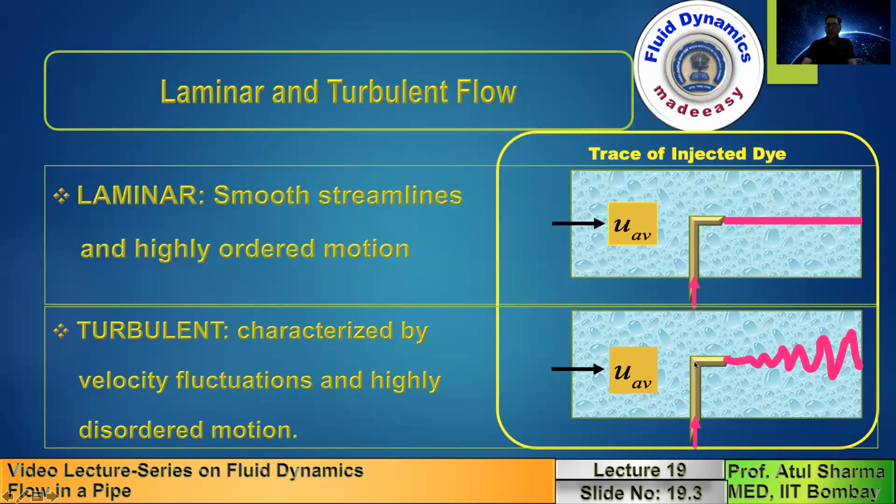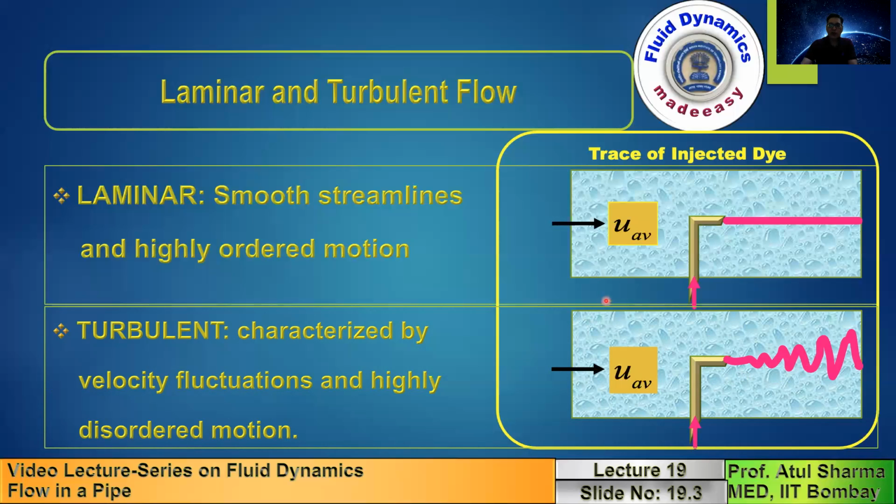And if it's a turbulent flow, then when you inject a dye, and the fluid particle is moving on a particular plane, there is a velocity fluctuation, there is a transverse velocity, the vertical velocity fluctuations, which result in the zigzag motion of the dye as shown here. This is a signature of a turbulent flow when we inject a dye in a turbulent flow.